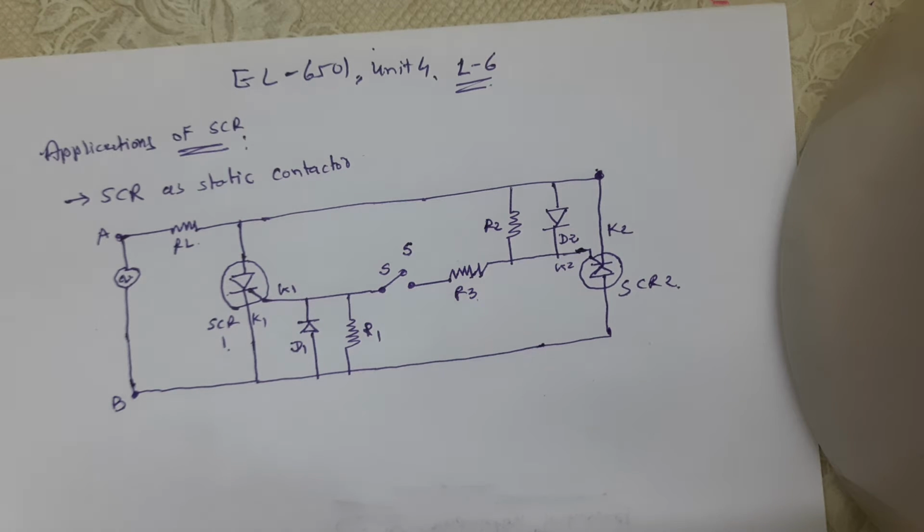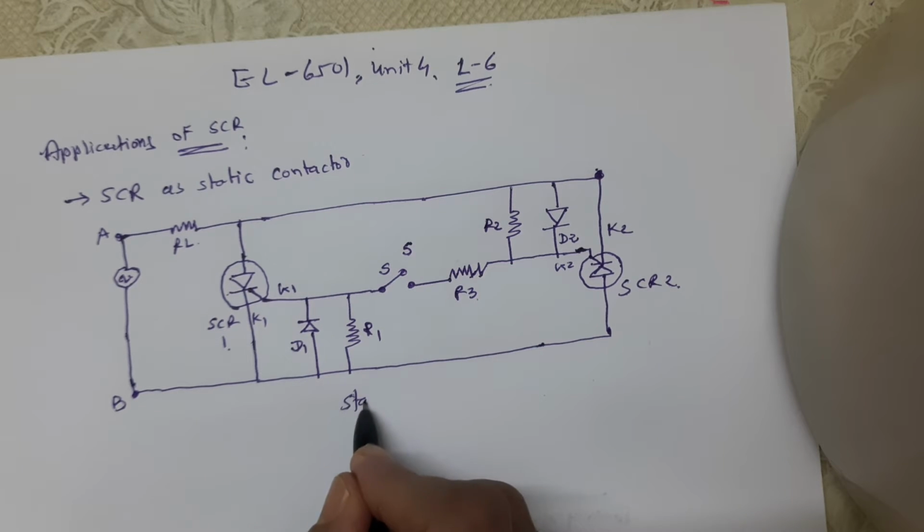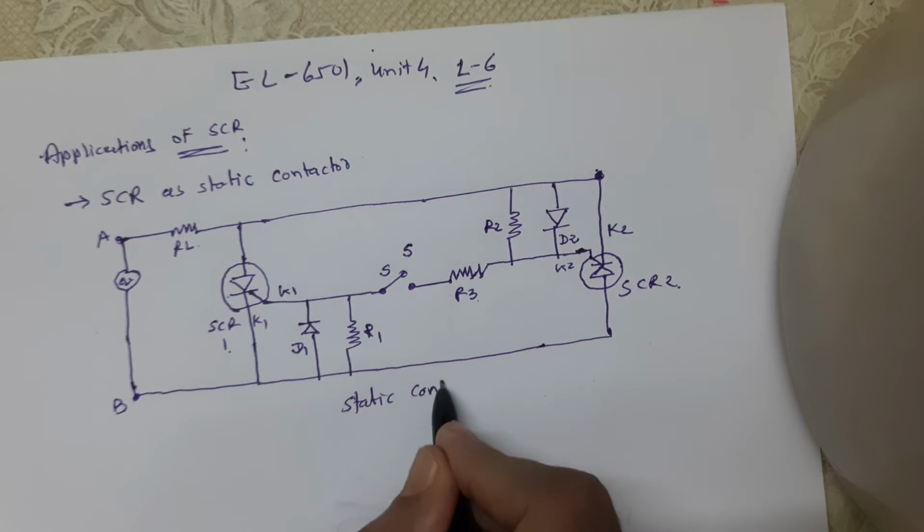An important application of the SCR is for switching operations. As an SCR has no moving parts, when it is used as a switch it is often called a static contactor.